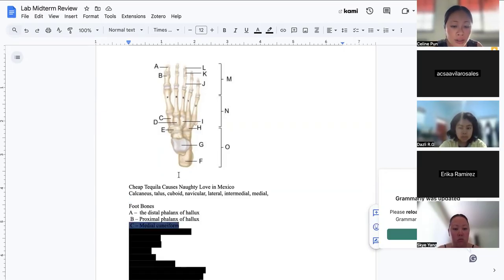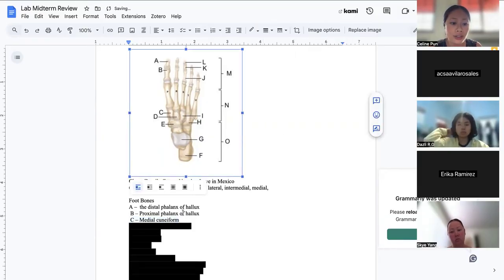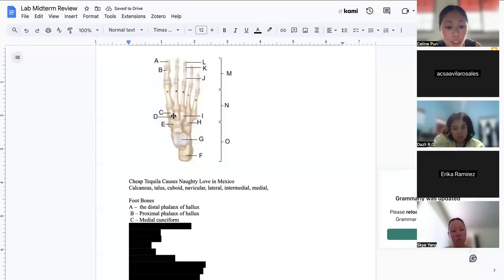This is the medial cuneiform. And so D is the intermediate cuneiform, and I is which one? The lateral cuneiform.